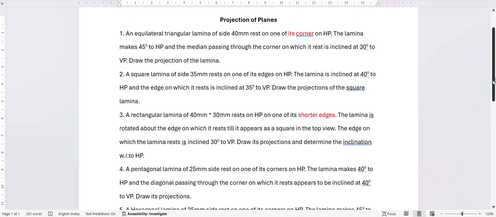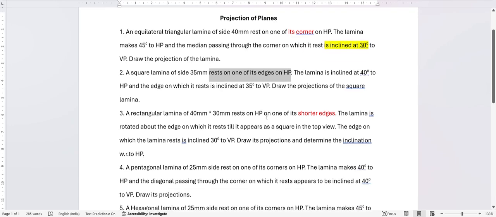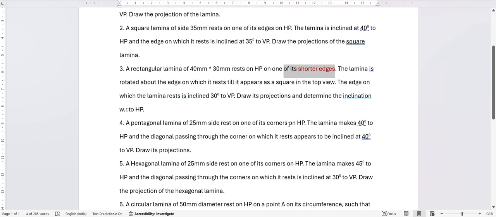So only beta angle problems will be always resting on the corner and is inclined to. If it comes, then it will be a beta angle problem. Okay, this is edge. It will not come as beta angle. This is also edge, not a beta angle problem.